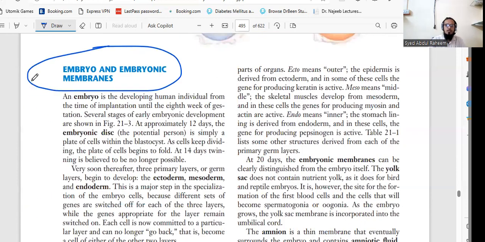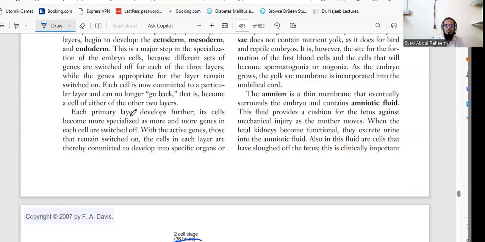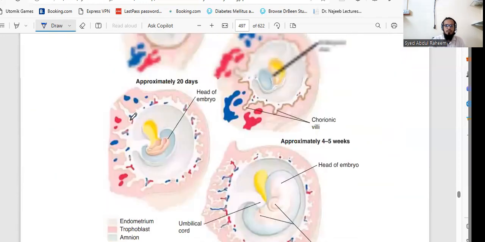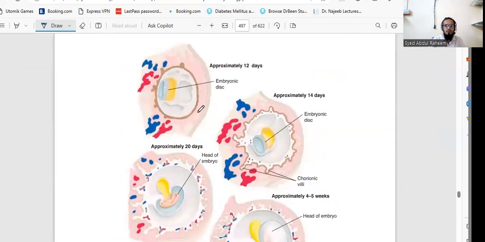Now we'll get into the embryo and embryonic membranes. In this diagram, you can see the embryonic disc at the 12th day of implantation.